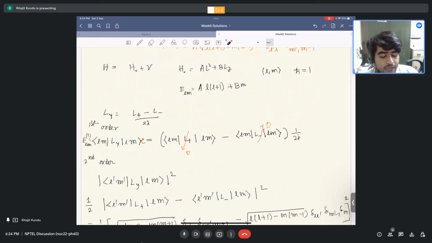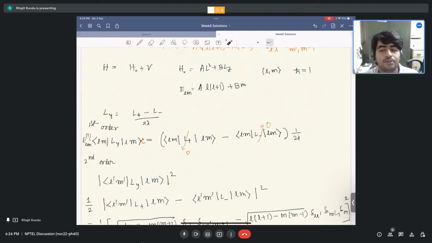The same thing will happen here also: L minus will decrease m to m minus 1, but then we are again taking overlap with m, and m minus 1 states are orthogonal states. So when we take the inner product of those states, that vanishes. So from a very simple argument we see that the first order contribution is 0.